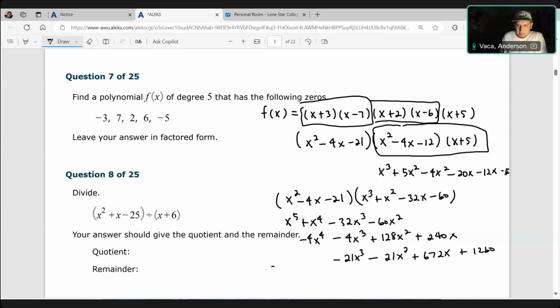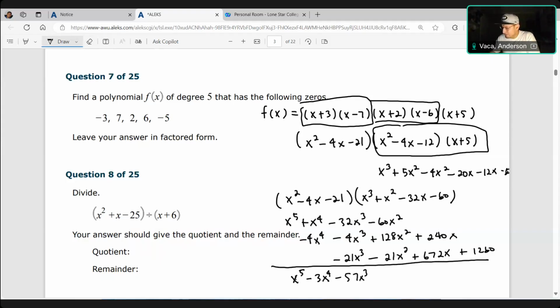And then I'm going to combine all these. And I get x to the 5th. I get minus 3x to the 4th power. That will be 32 and another 4 and another 21. I get negative 57x cubed.